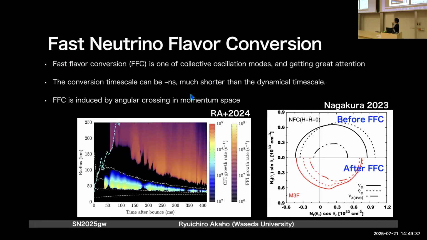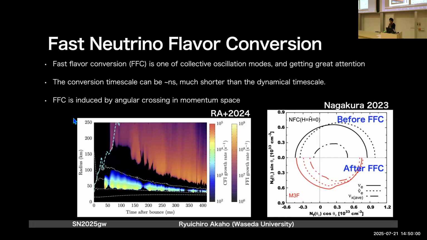It's clearly much shorter than the dynamical timescale of neutrinos. The electron type neutrinos mainly contribute to the neutrino heating, so if fast flavor conversion (FFC) changes the flavor composition, it is expected to affect the supernova dynamics.